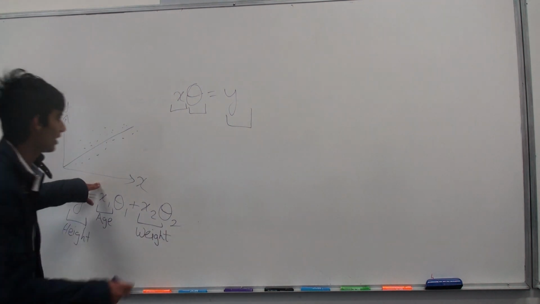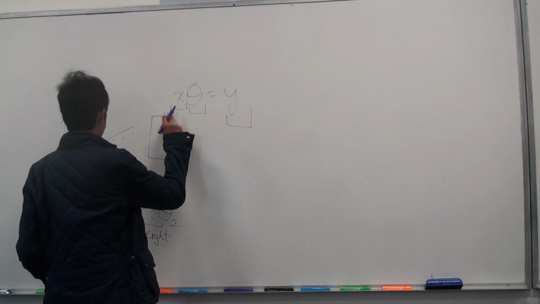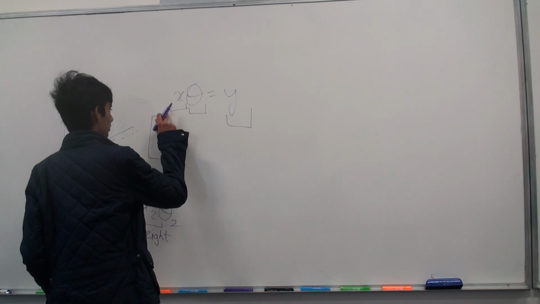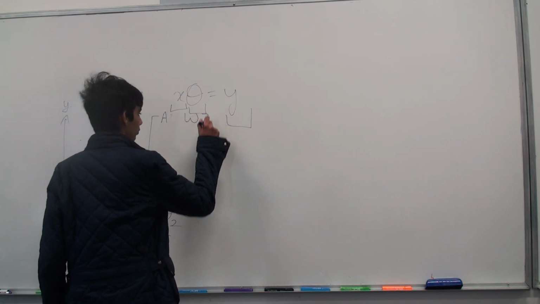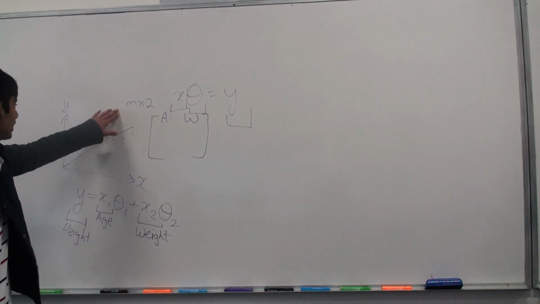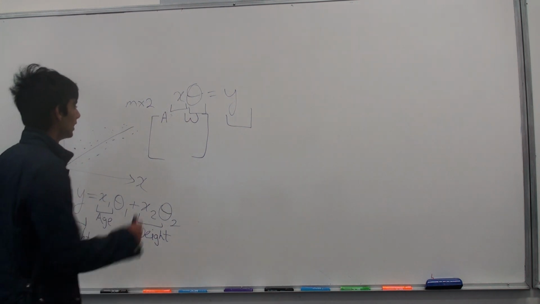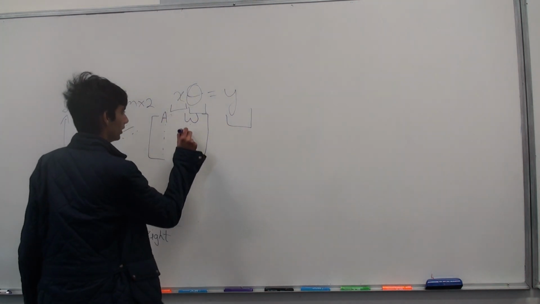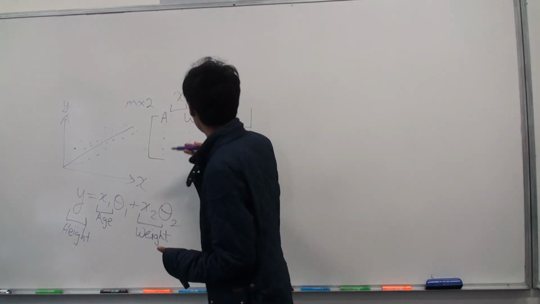So we have our matrix X of age and weight. This is an m by 2 matrix, where m is the number of data points. Every dot here represents one data point. So that's our X matrix, our matrix of independent variables.